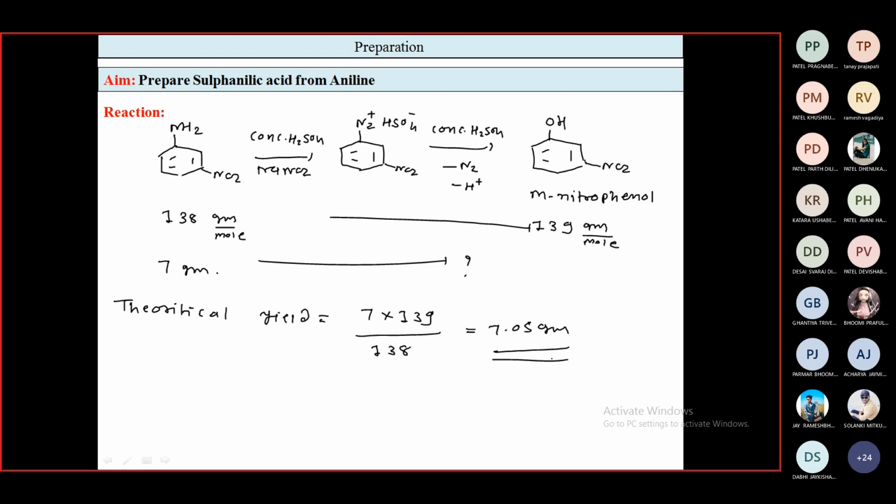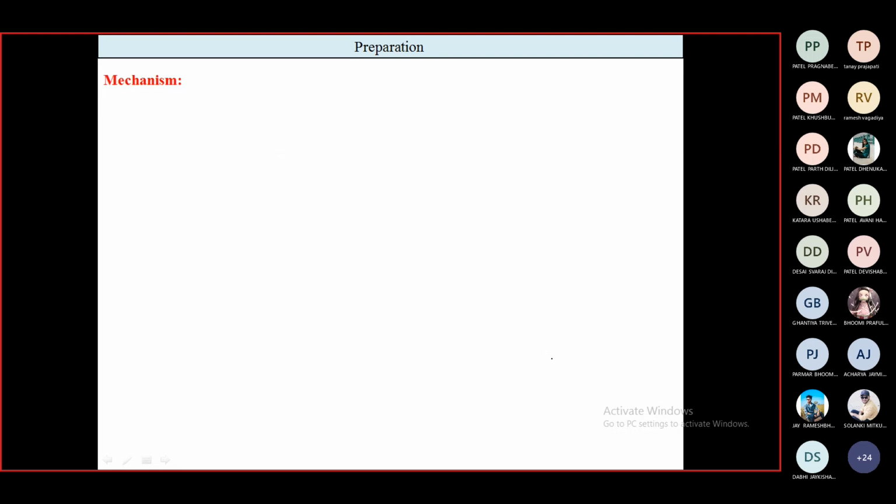Now the mechanism is very simple. First, 2 moles of NaNO2 react with H2SO4 to give 2 moles of HNO2 plus Na2SO4 plus H2O.